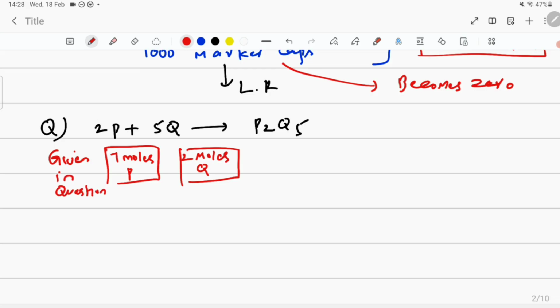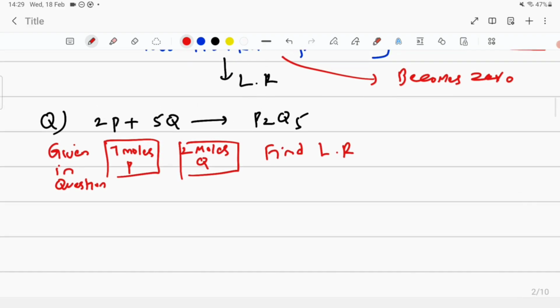One reaction given, 2P plus 5Q giving P2Q5. If 7 moles of P react with 2 moles of Q, find the limiting reagent. With general logic you can get the answer here.